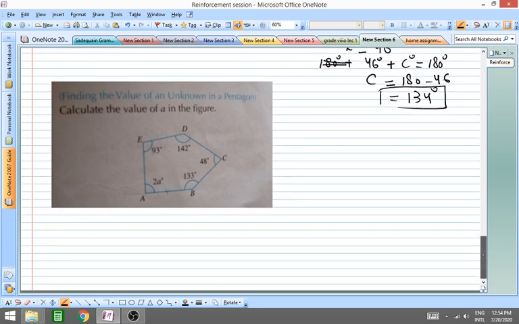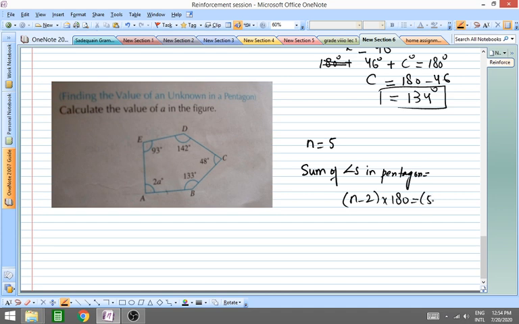Now here is a question related to a polygon. They are asking us to find the value of A in this pentagon. As we know, for a pentagon our number of sides will be 5. So as per the above mentioned formula, the sum of total angles in a pentagon would be n minus 2 into 180.